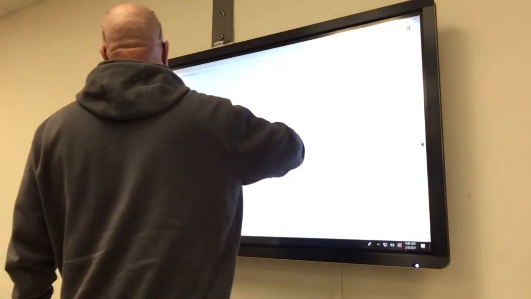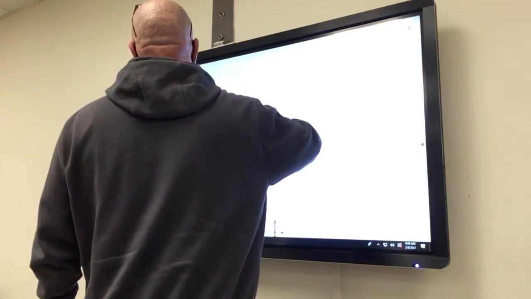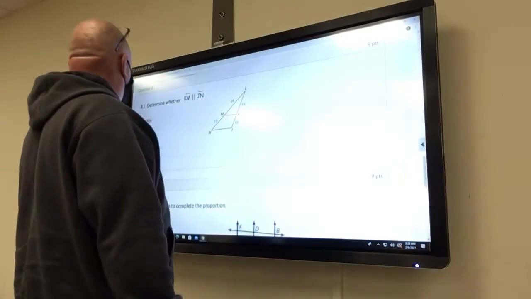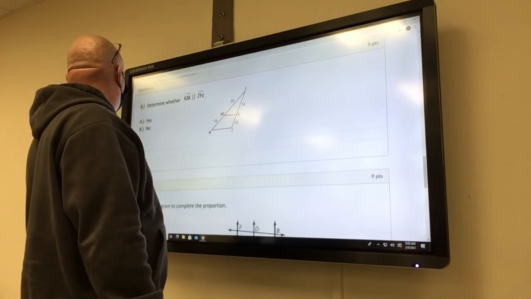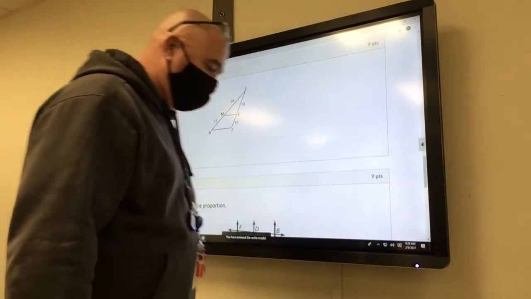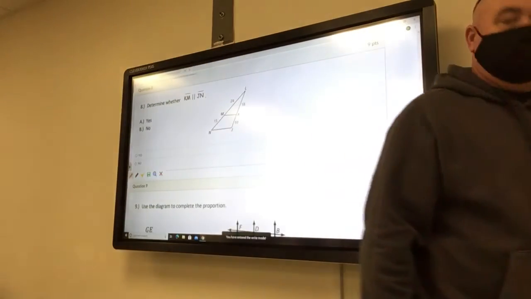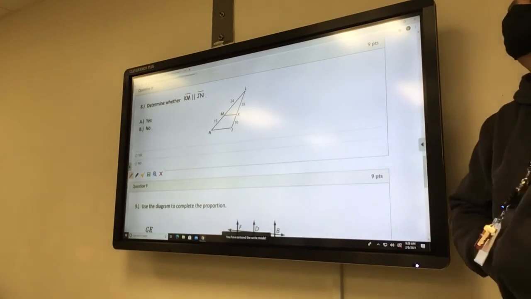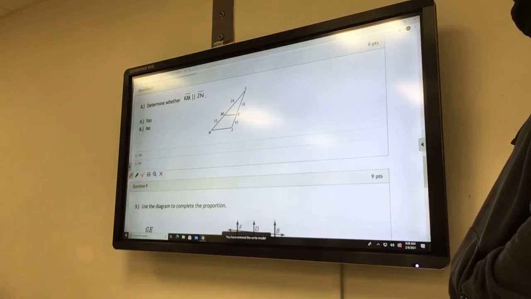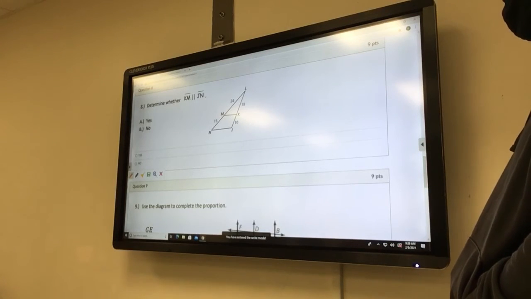Alright, here we go. It says determine whether KM is parallel to JN.